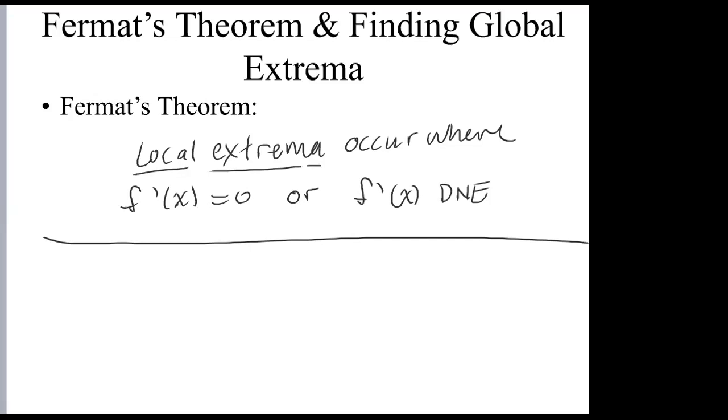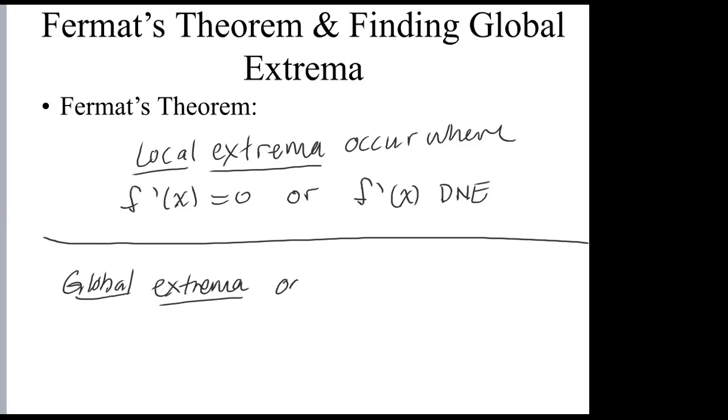Global extrema can occur at local extrema. There's one other location where they can occur. Global extrema, this is not a part of Fermat's theorem, but we can use Fermat's theorem to state it.